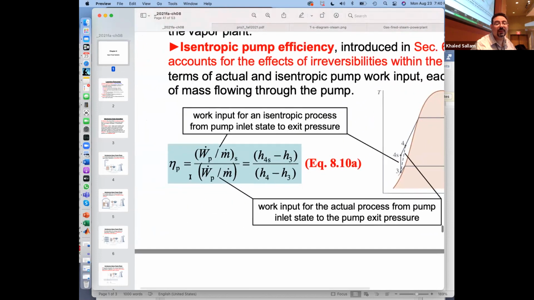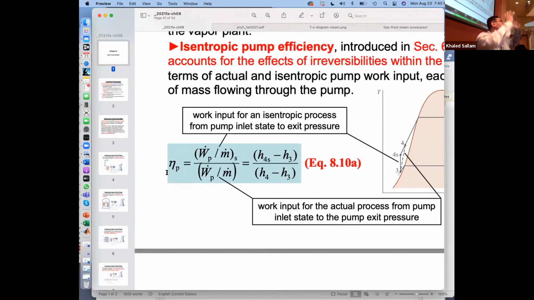While the turbine efficiency was always small over big, so for the turbine, the actual work was on top, in the numerator. Here it's the opposite. The ideal work is in the numerator, and the actual work, which is bigger, is in the denominator. So it's flipped: 4S minus 3 over 4 minus 3.